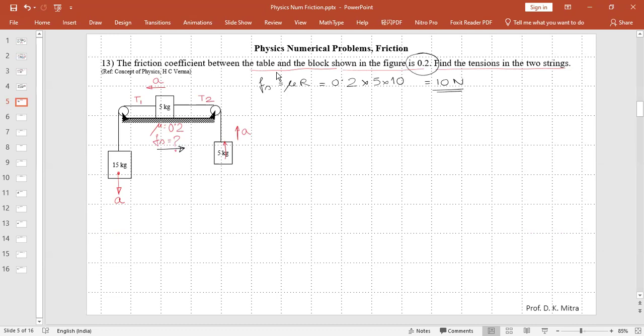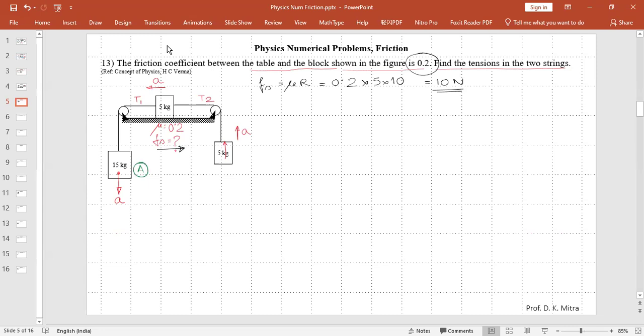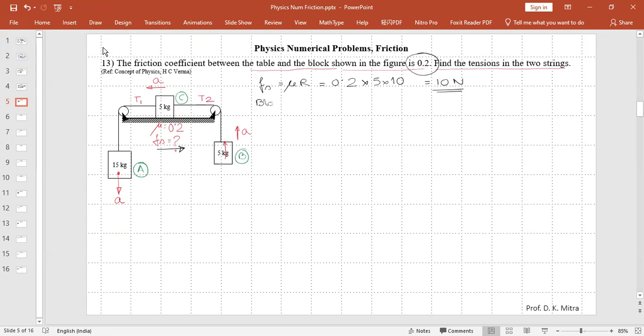Now we have to take the three blocks separately. For that, let me do one thing. Let me mark these blocks. Say this block is A, then it will be easy to understand. This block is B, and this is C. Once we have marked them, then we consider block A. Block A is this block.